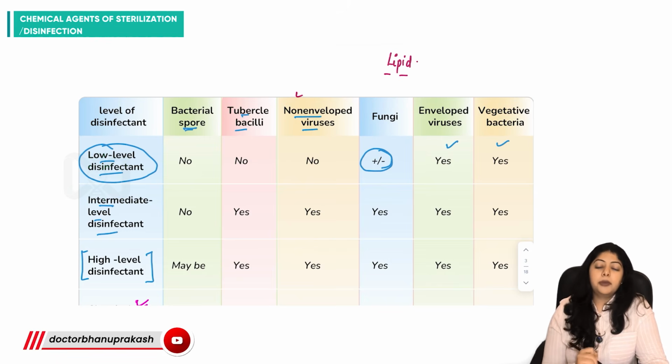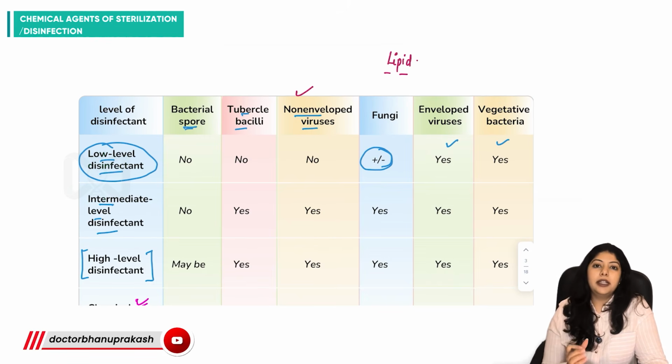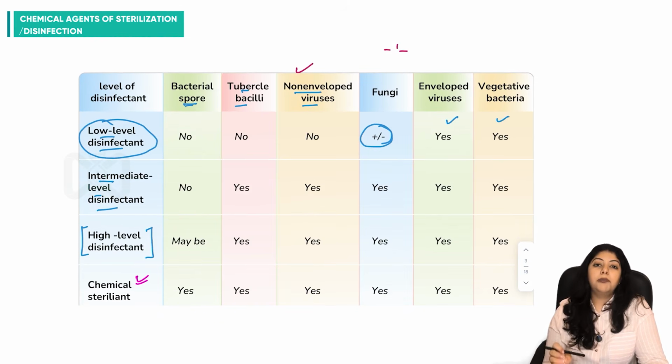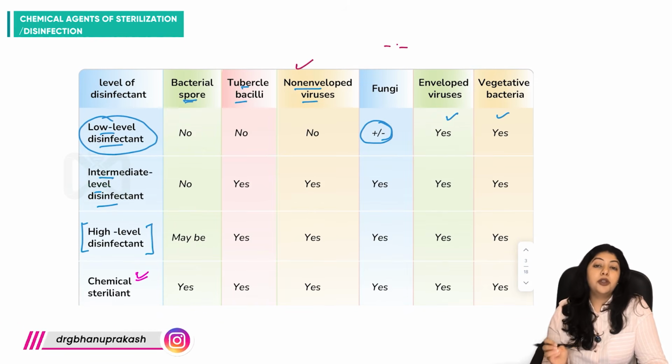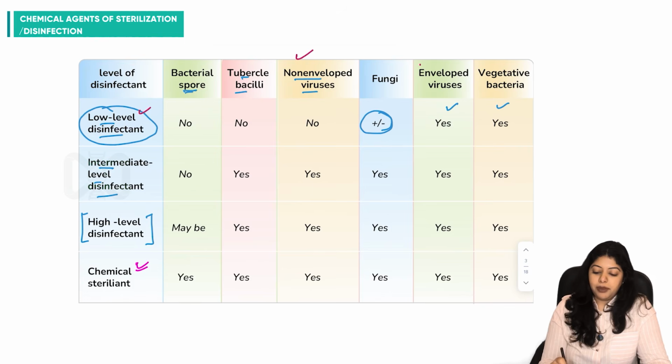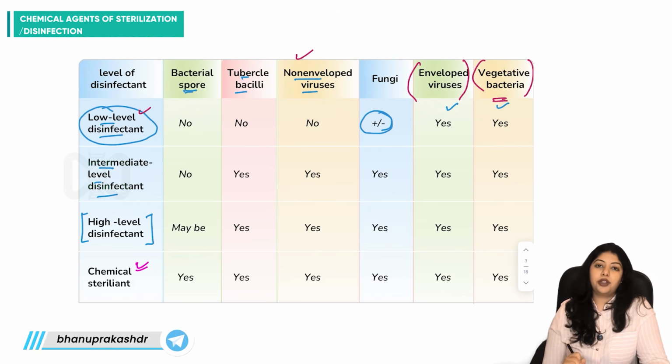Whereas non-enveloped viruses do not have any lipid outermost layer. They are comprised of a capsid, which is very difficult to destroy. And that is the major principle behind enveloped viruses being killed more easily than non-enveloped viruses, right? So these low-level disinfectants have major activity against enveloped viruses as well as vegetative bacteria.